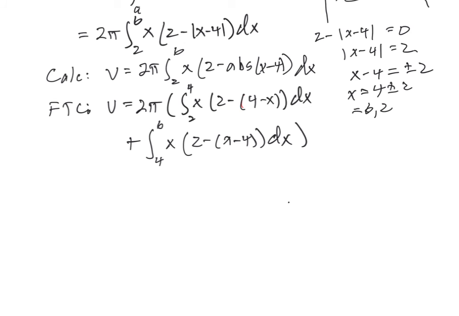And now I can simplify these, and I won't evaluate them, but I'll write them in so that it's super easy to evaluate them. So we have 2 pi times the whole thing. We're going to go from 2 to 4 on the first one. And I get x times, if you look closely here, you can see a plus x and a minus 2.